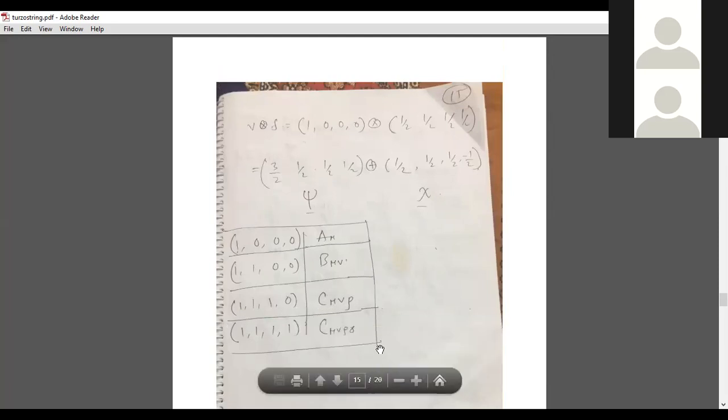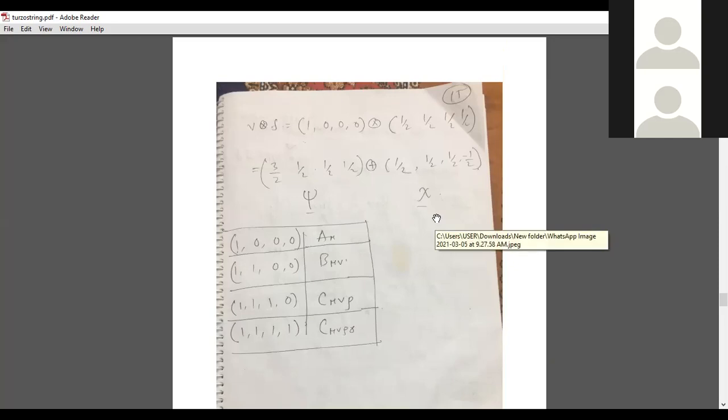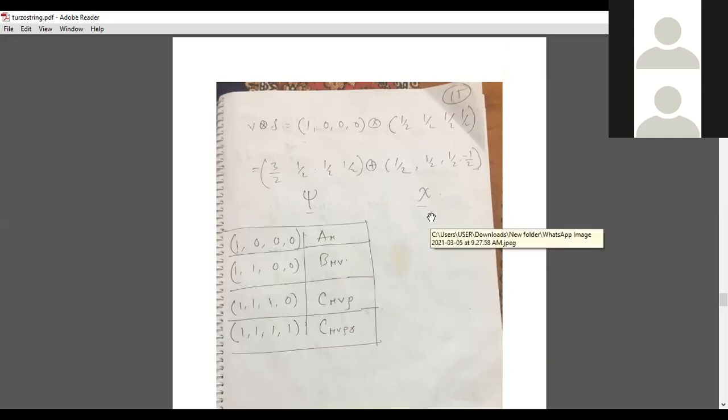And if you have a four form field, you will have something like that. When you have a 2000 state, that means you have a symmetric two tensor, while here you have an antisymmetric two tensor. Sorry, I forgot to write it.